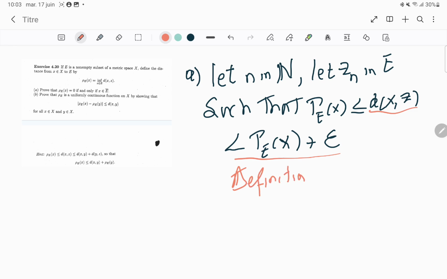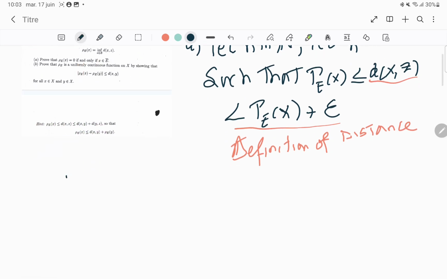of distance, right? So now we use the real analysis trick.